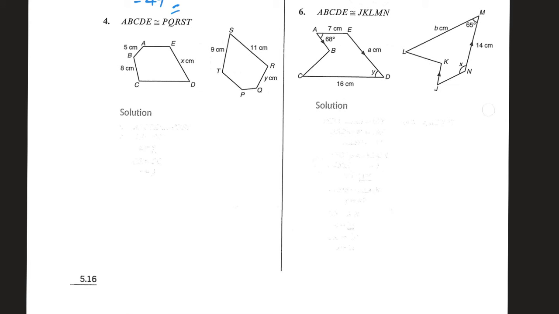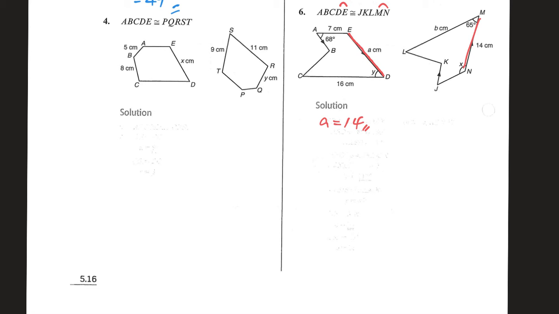Coming up next, maybe we can try number 6. First of all, you have length a, which is called DE. According to congruent figures, DE matches to MN, which is 14. So we can complete the question very quickly. A is 14, that's all.